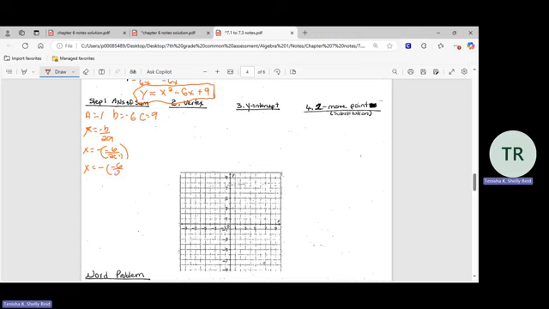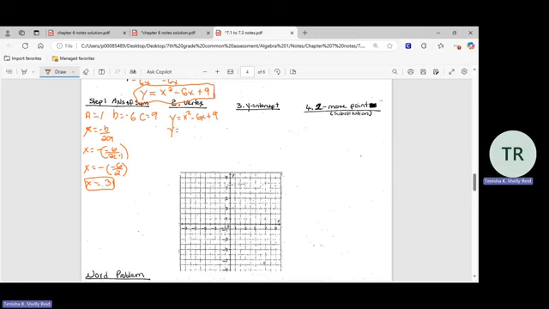So my axis of symmetry is equal to -6 over 2. My axis of symmetry is equal to +3. Now that I know the x, my axis of symmetry, I'm going to substitute it in to find the vertex. So for the vertex, I know that y is equal to x squared minus 6x plus 9, and x is 3.